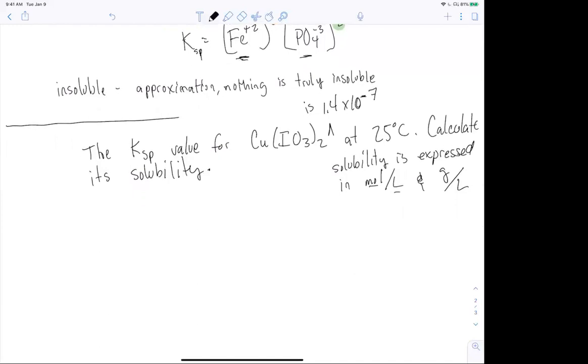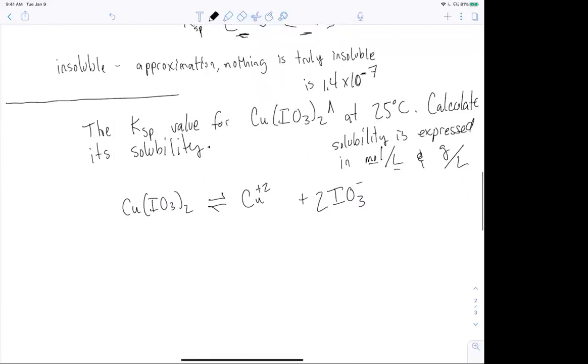how do we want to do this? So you assume that you're past saturation for these types of things. And you can just set up a Rice table for this. So let's see.